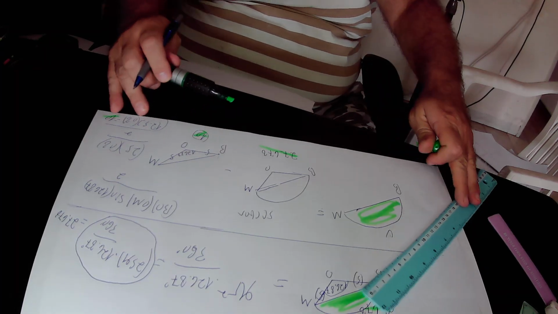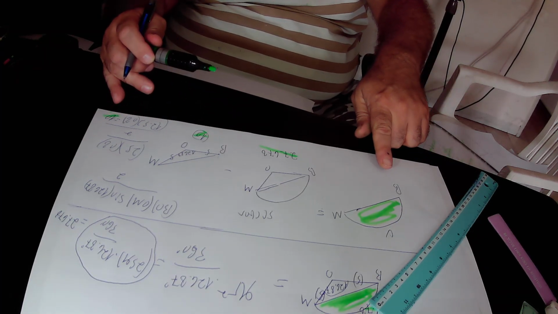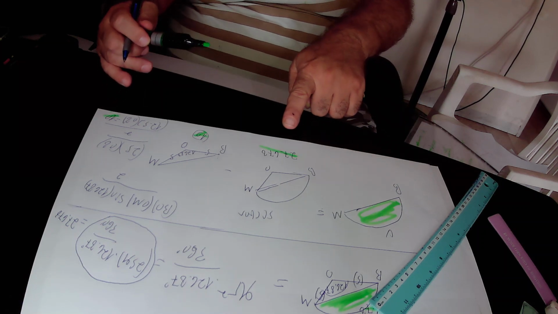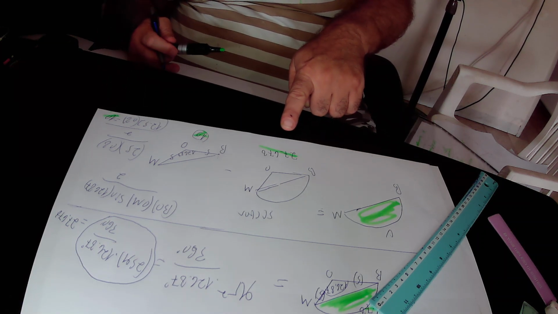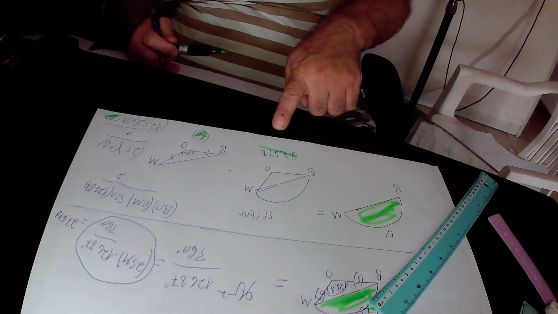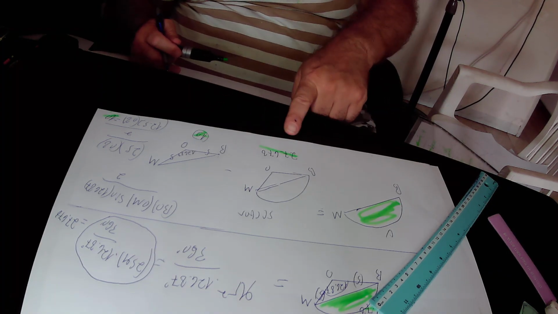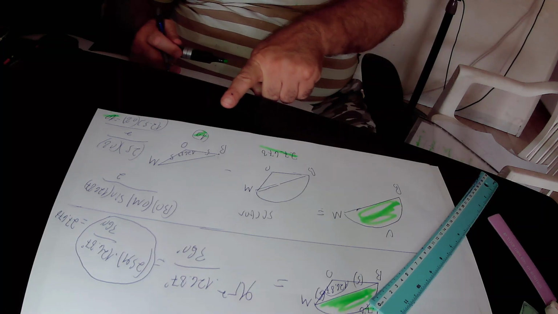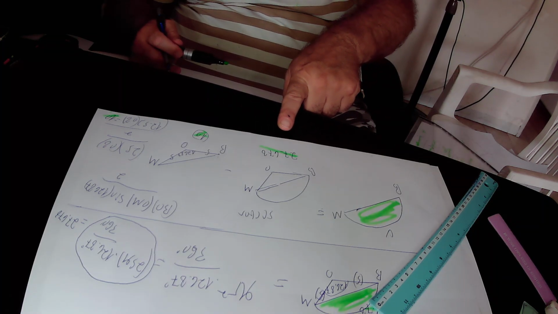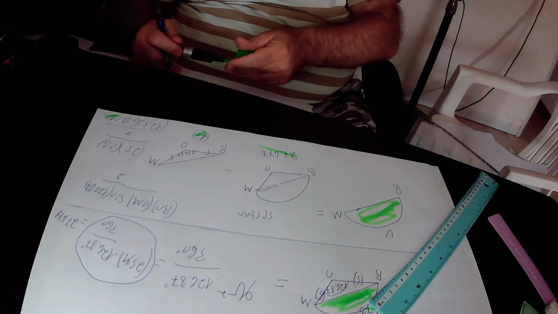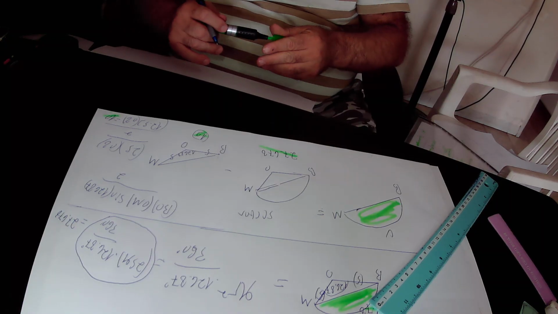Therefore, the area of this upper segment BOM will be equal to the area of sector BOM, that is 27.678, minus the area of this triangle BOM, that is 10. 27.678 minus 10 is 17.678 square units in size.